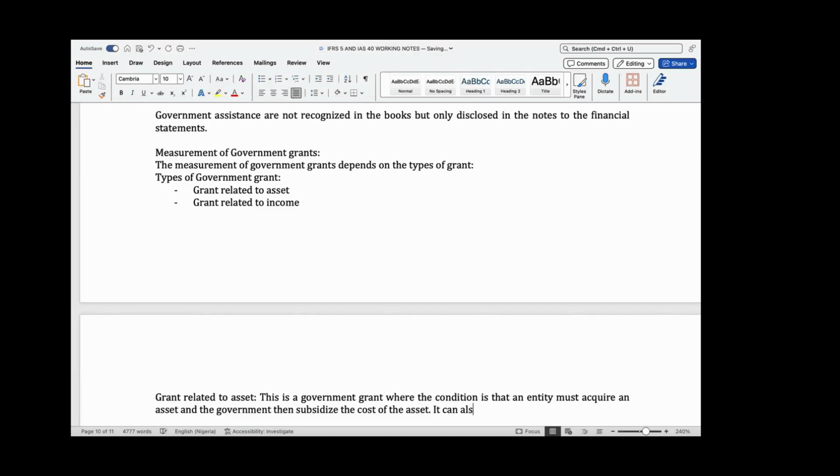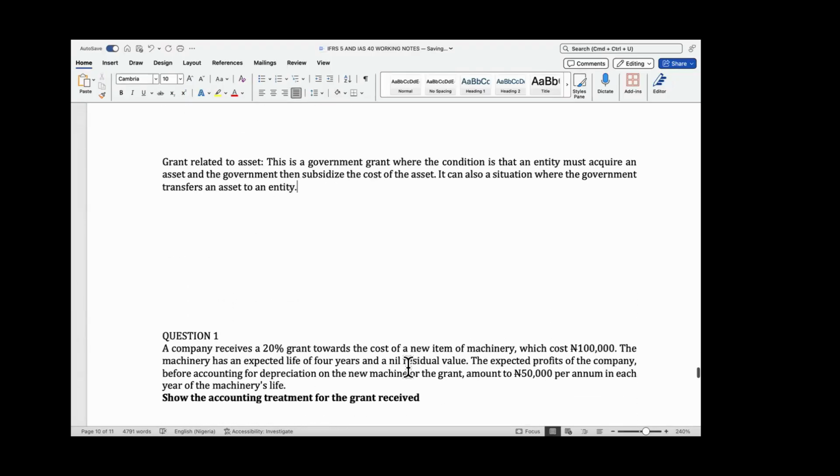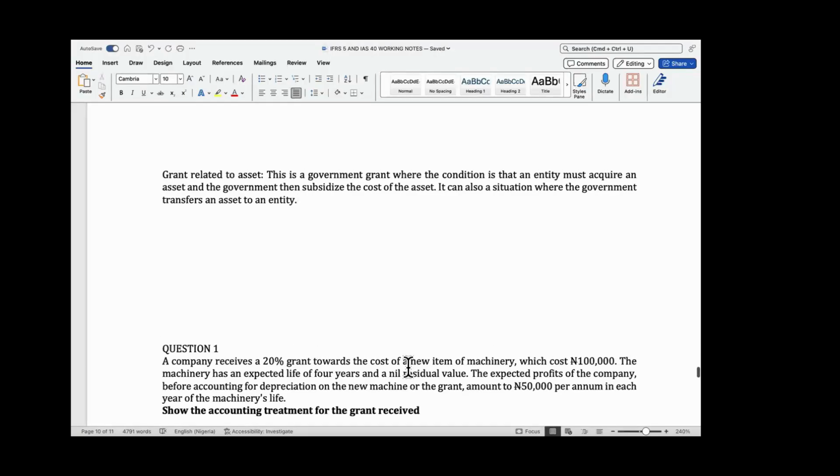Can also be a situation where the government transfers an asset to an entity. So the government can just give them an asset. Now, okay, take this asset. That's a grant related to assets.